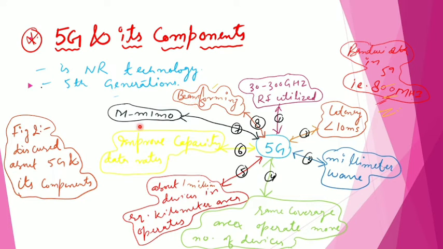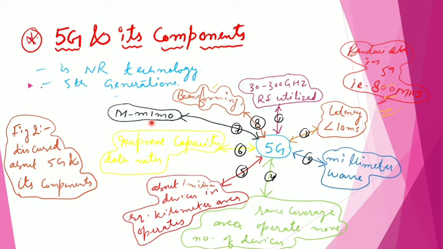It uses the massive MIMO system, a massive number of multiple input and multiple output. It means that on the base stations a large number of antennas and transceivers are mounted. So multiple users are communicating with multiple transceivers on the base station in uplink and downlink.